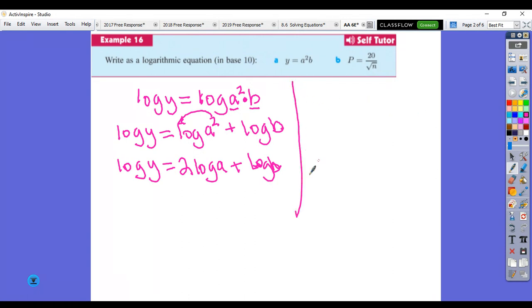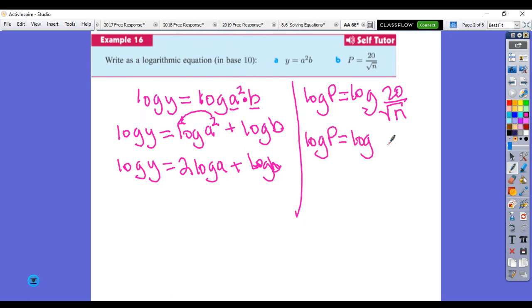So that's okay. All right, so this side, we're going to take log of P equals log of 20 divided by the square root of n. Now, this has two different bases on this side. Log base P is fine, but I'm going to give each one its own log.